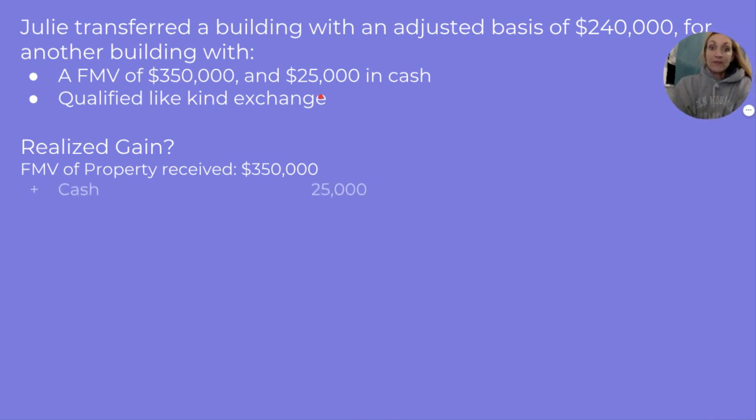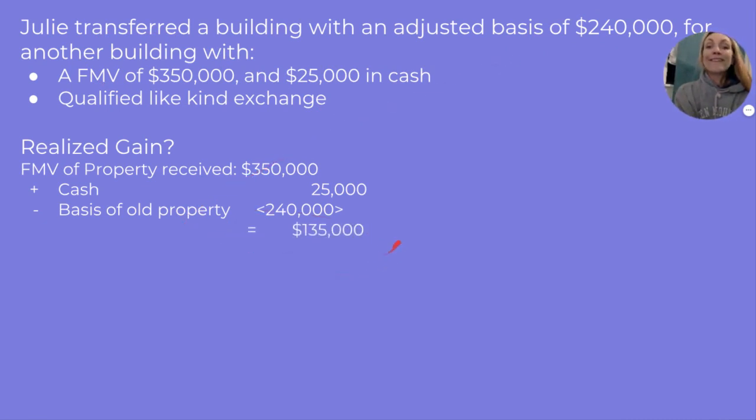Boot, $25,000. Then we subtract out her old basis. We have no idea what the fair market value was on this, but presumably it's $375,000, right? And that's why this person put in another $25,000 with $350,000, regardless of the fact that her basis is lower. So that equals a realized gain of $135,000.